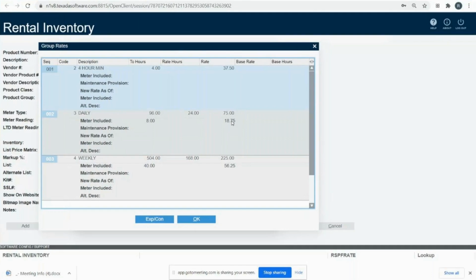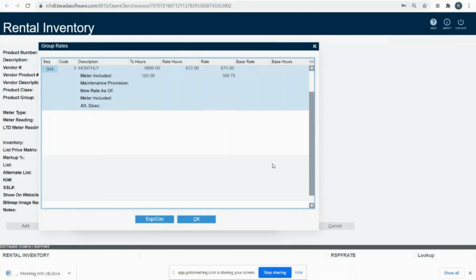Okay? It's the same thing for the weekly. So the weekly includes 40 hours, and the weekly rate is $225. So the $225 buys you 40 hours of usage. And every hour on top of that is going to cost you $56.25. And for the monthly, same concept. The monthly rate is $675.